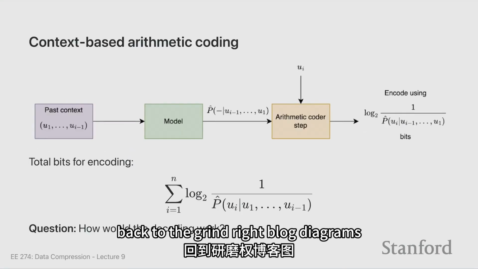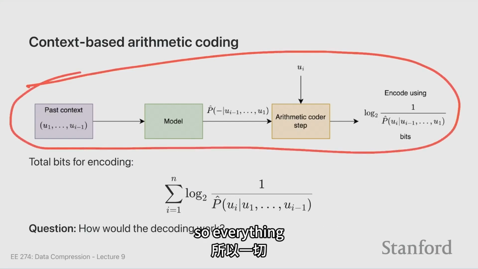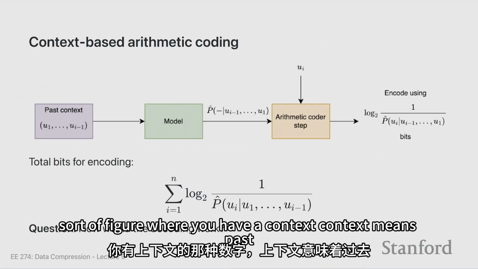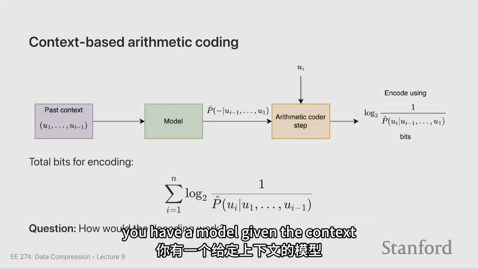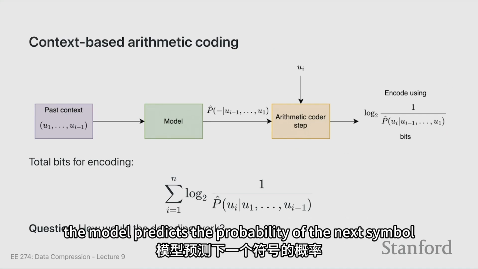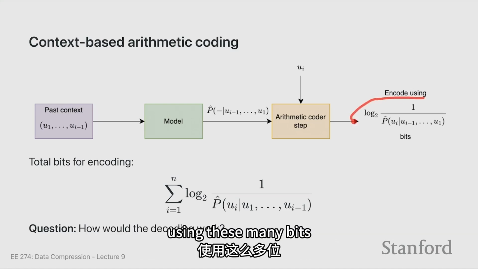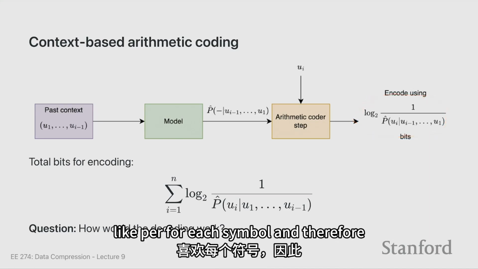Again, back to the grind, right? Block diagrams. Everything we just said can be summarized in this sort of figure where you have a context. Context means past. You have a model. Given the model and the context, the model predicts the probability of the next symbol, and then the arithmetic coder is able to encode it using these many bits for each symbol.